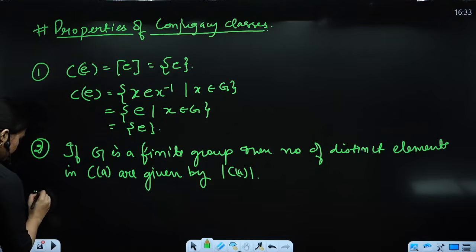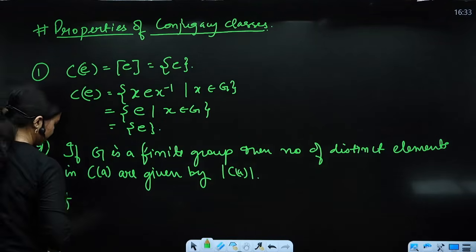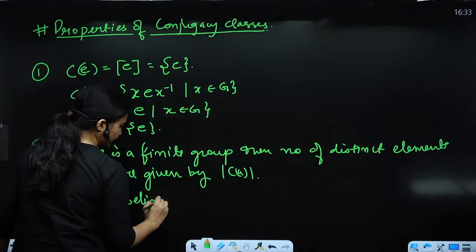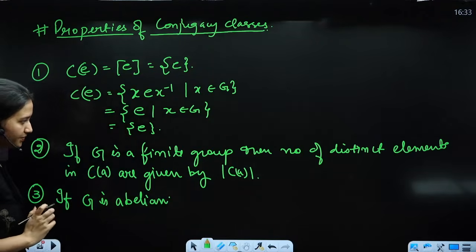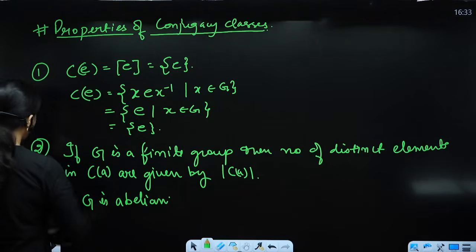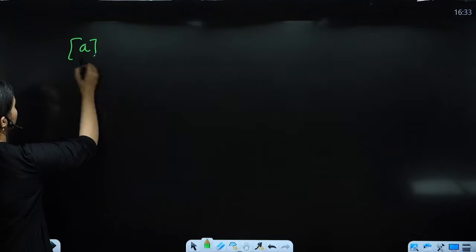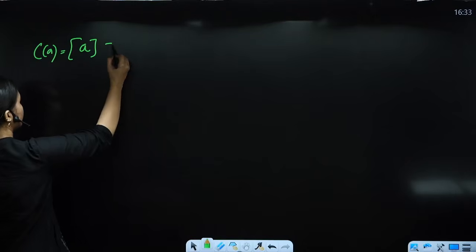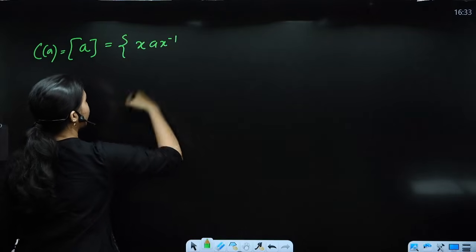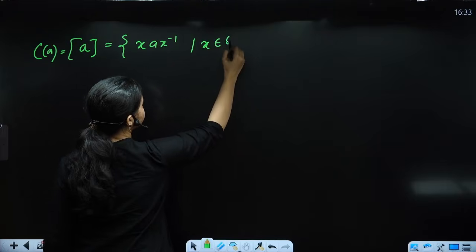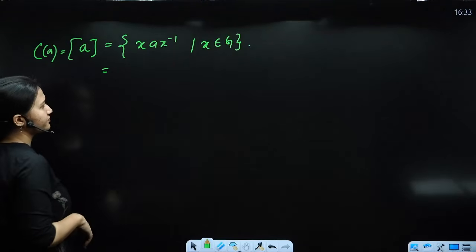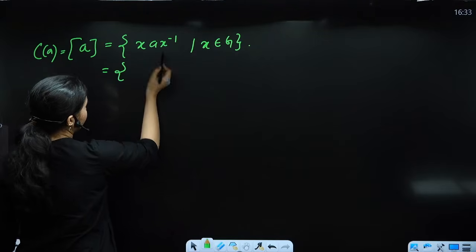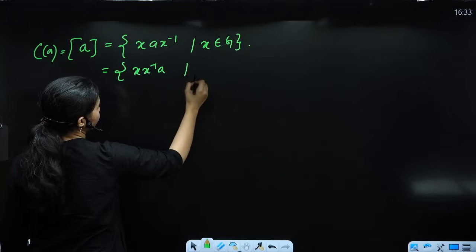Then the next point is if G is abelian. Okay, let's say you have an abelian group, and you are trying to find the conjugacy class for an element that belongs to an abelian group, right? So it is going to be of the form x a x inverse, where x belongs to G, right? Now since x belongs to G and a is also an element of G, can I write it as x inverse a? Why?